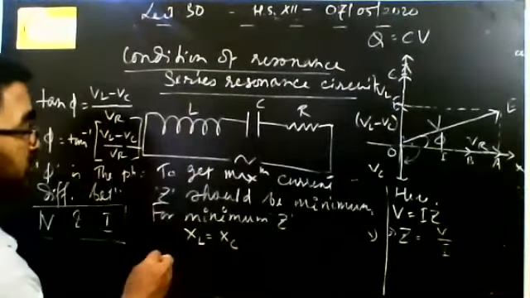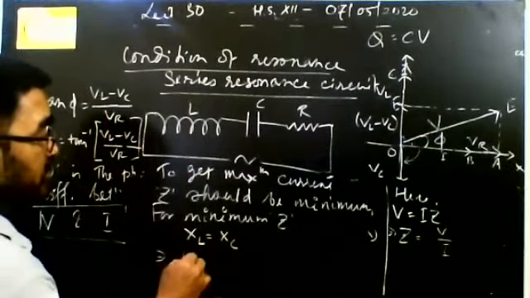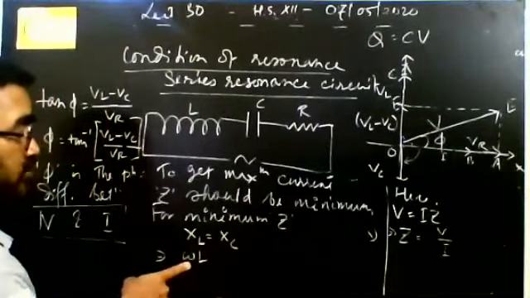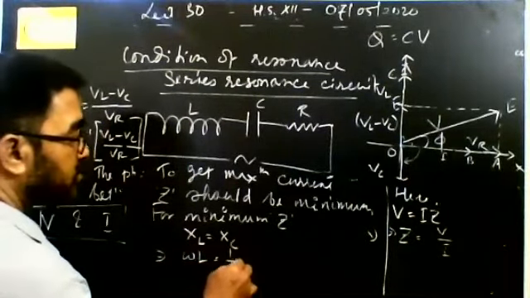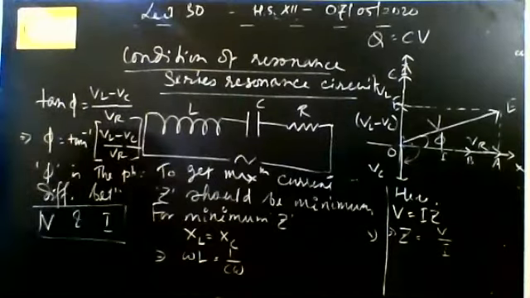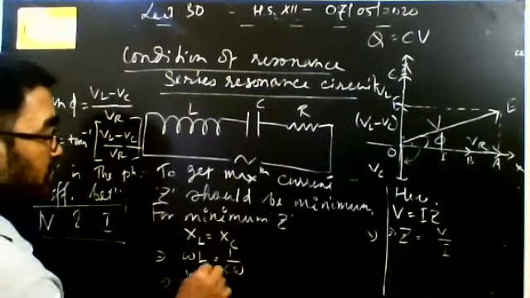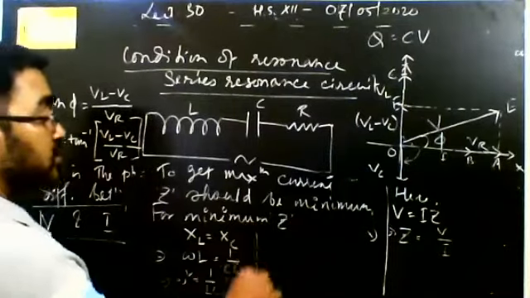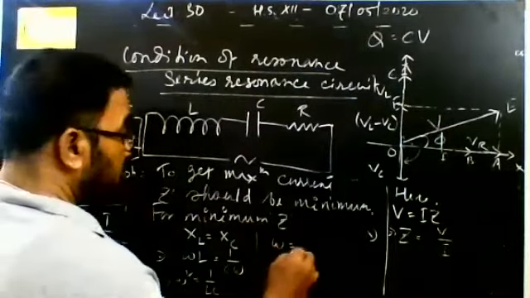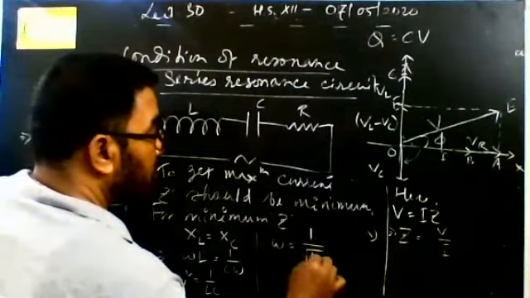If we put the values, omega L is XL, and XC is equal to 1 by omega C. Remember, from this we get omega square is equal to 1 by LC, so we get omega equal to 1 by root over LC.